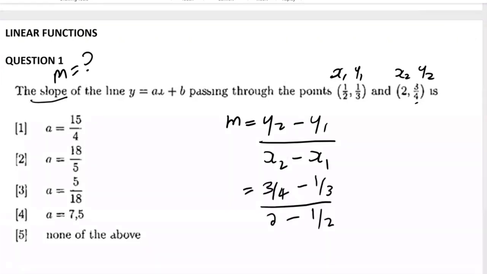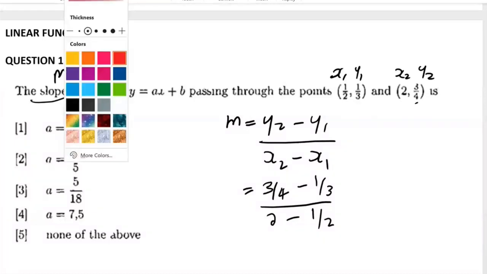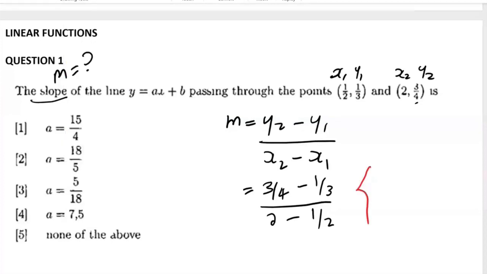The common misconception would be, let's say you are substituting that. I'll write it in red. The common misconception would be you write your y2 to be 3 over 4 minus 1 over 3. And then instead of writing x2, you write x1 here.